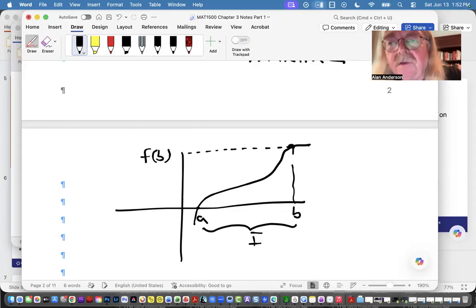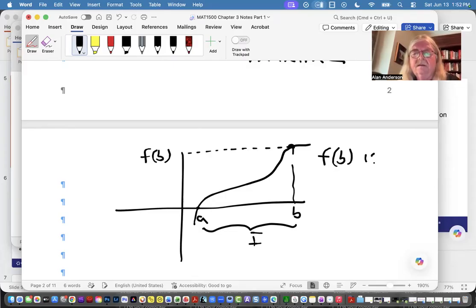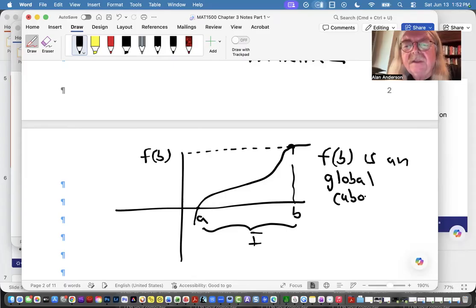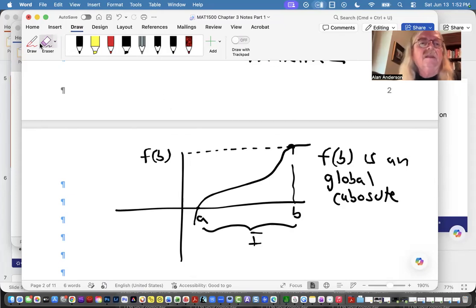Now, because this is the largest value in the interval, we can call it the global or absolute maximum. But sometimes you also hear it called an endpoint maximum.